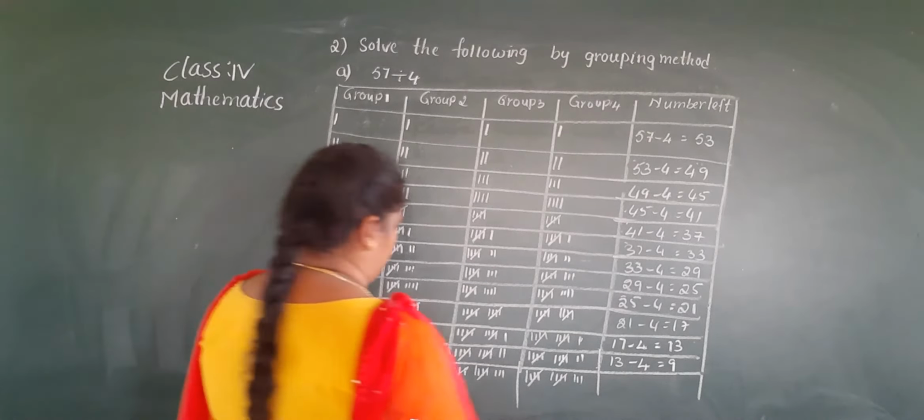See children, how long this problem is. So write carefully. And next, 5 is there. Again you have to distribute 1 by 1. 5 plus 5, 10, 13. Again 1 more, 14.